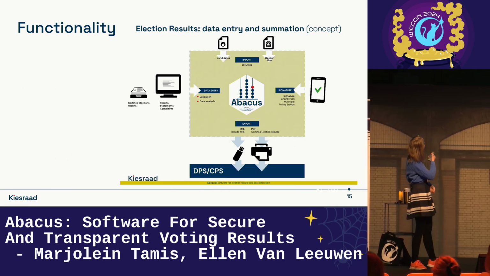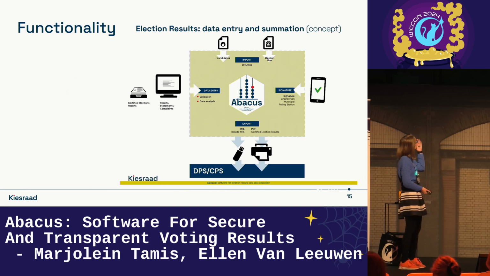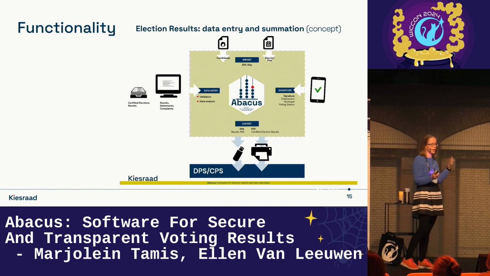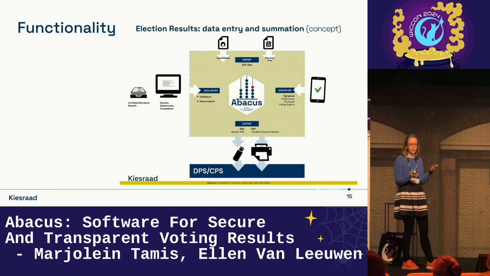Then on the left, there's the data entry section. All the certified election results that come from the polling stations are going to be inputted into the software. This includes all the counts, but also statements, complaints or other things that have been noticed at the polling station. Those can all be recorded into Abacus.